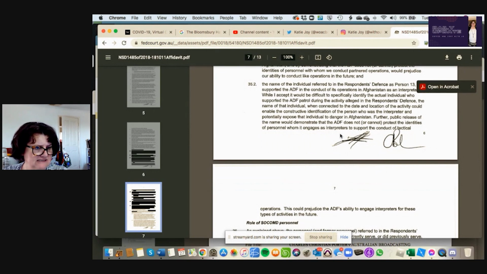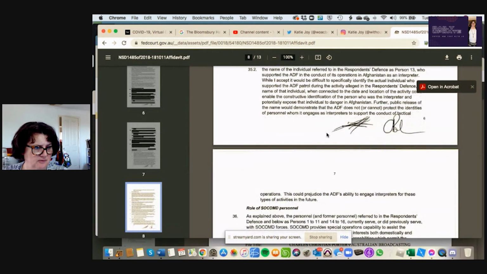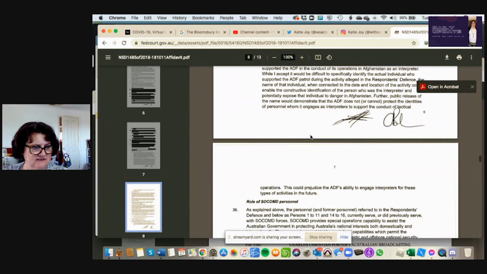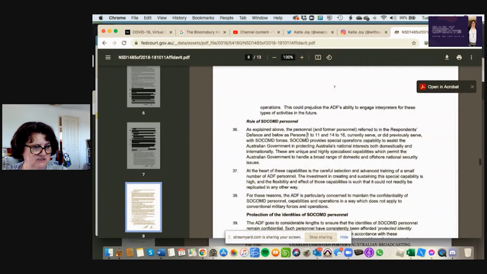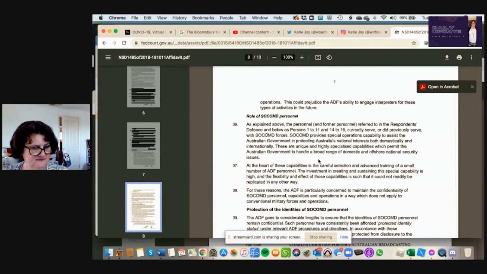Further, public release of the name would demonstrate the ADF does not or cannot protect the identities of the personnel whom it engages as interpreters to support the conduct of tactical operations. This could prejudice the ADF's ability to engage interpreters for these types of activities in the future.